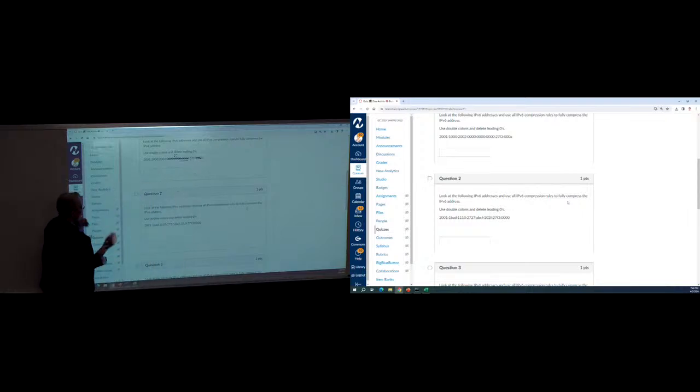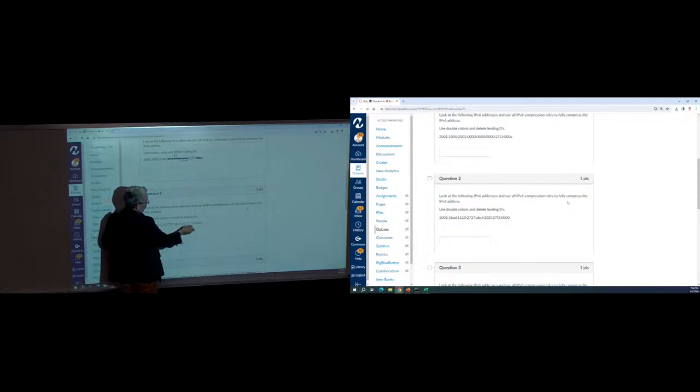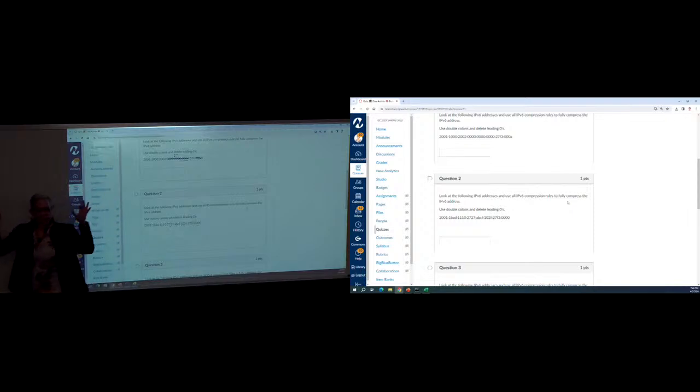I'm going to make it as small as possible. Okay, how about this one? Everyone? No or yes? What do I do? Double colon. Okay? Make it as small as possible. Okay, I published it.